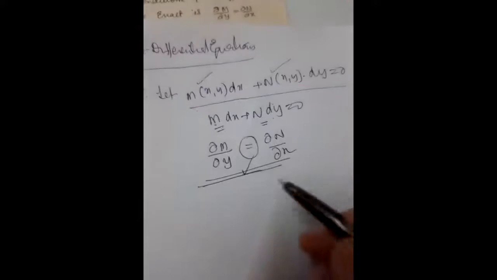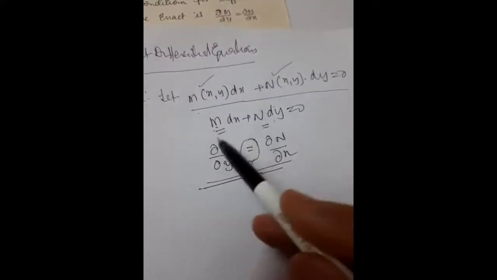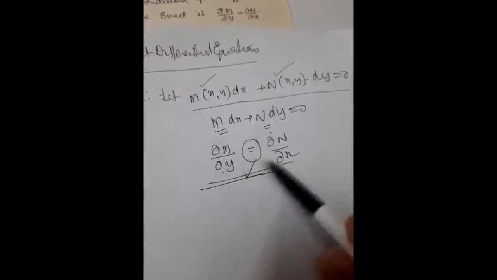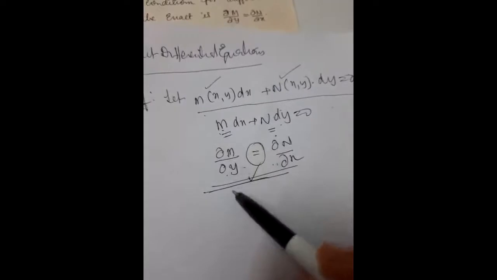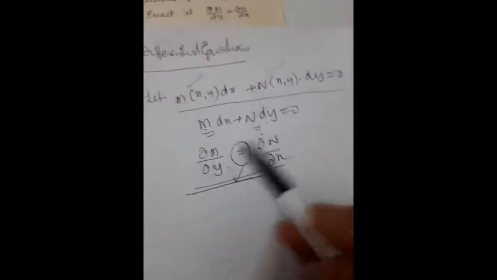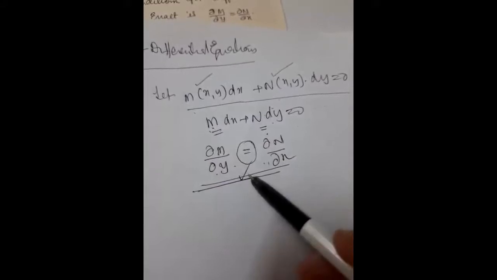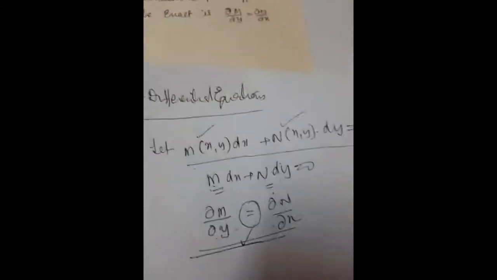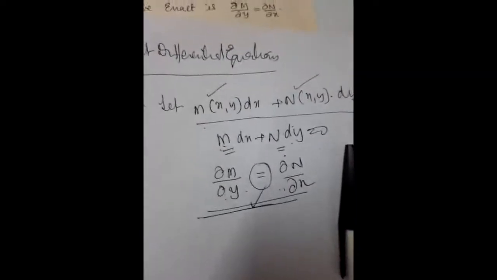Then this is the condition for exactness. So M of x comma y, N of x comma y are two real valued functions having continuous partial derivatives. Then a necessary and sufficient condition for the differential equation M dx plus N dy equal to 0 to be exact is that dou M by dou y must be equal to dou N by dou x. So this is the condition for exactness.